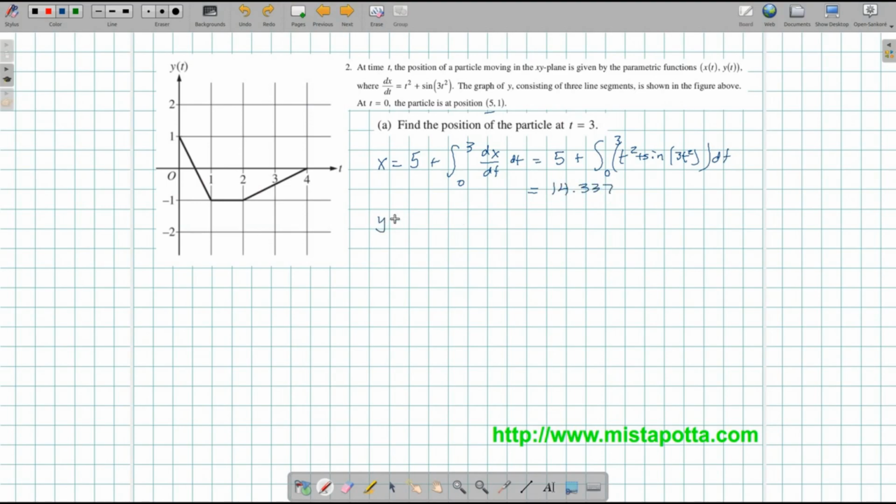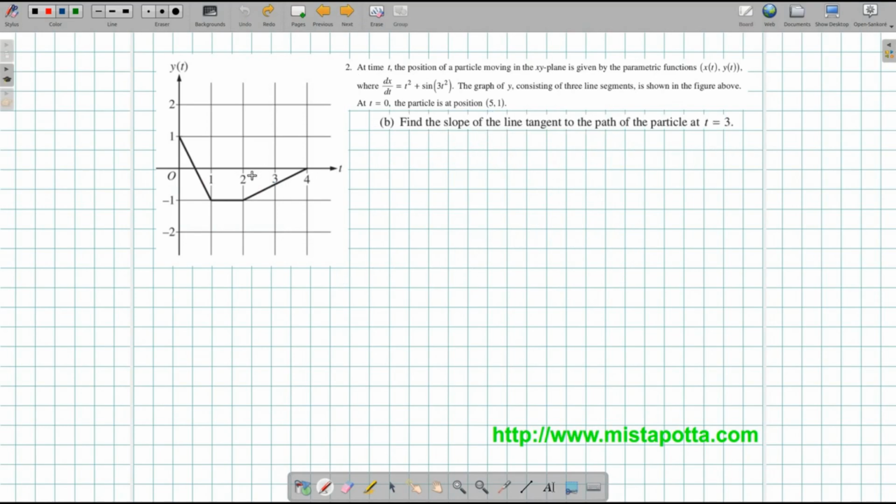And I can look from the graph to find out what y is going to be at that point. y, when t is equal to 3, is exactly halfway on this line segment, so y is 1/2. So the position is going to be the point (14.337, 1/2).